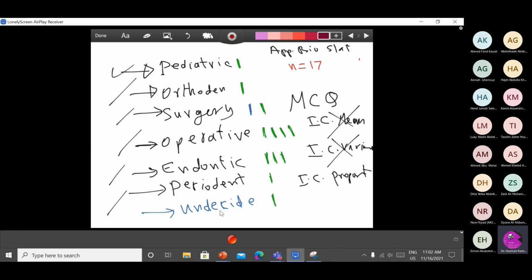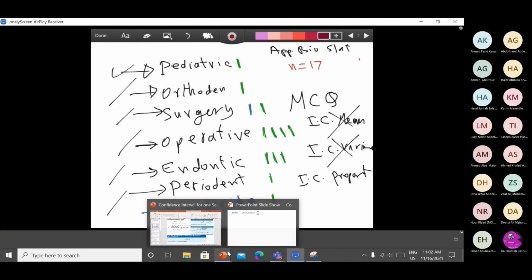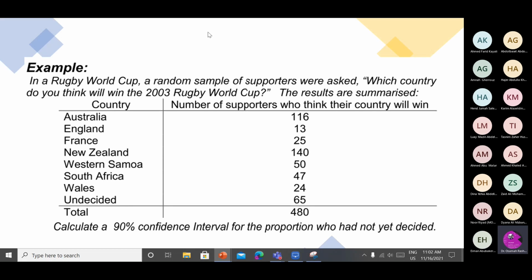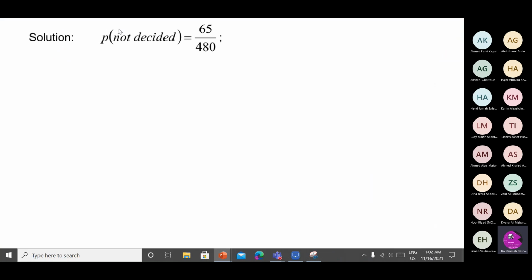If I would like to know the proportion in our population in the College of Dentistry, which is my population, up to the sample I am asking, you should have the proportion for the event you would like to get the confidence interval for. He's asking for not decided. So how many are not decided? 65 out of 480. So this is the proportion of the sample.